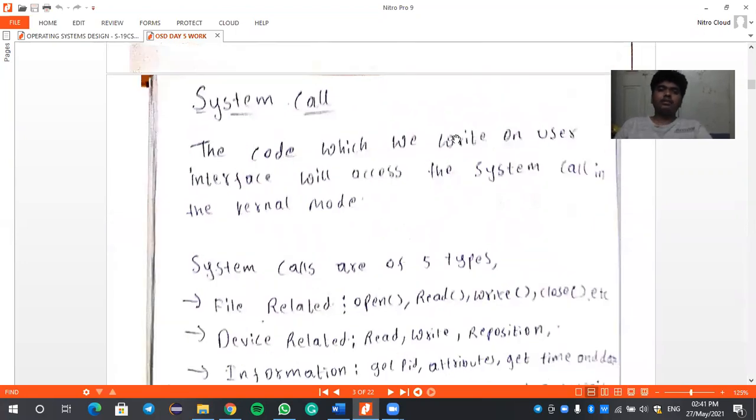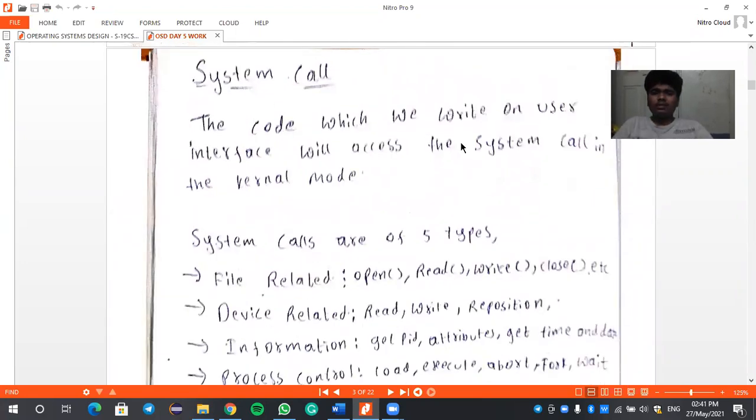What is meant by a system call? A system call is just a command which is passed to the kernel mode. So what is kernel mode? As I said before in our previous videos, kernel mode is the involvement of a system in its interface with the CPU. Kernel mode is a low-level language which speaks with the CPU in binary code.